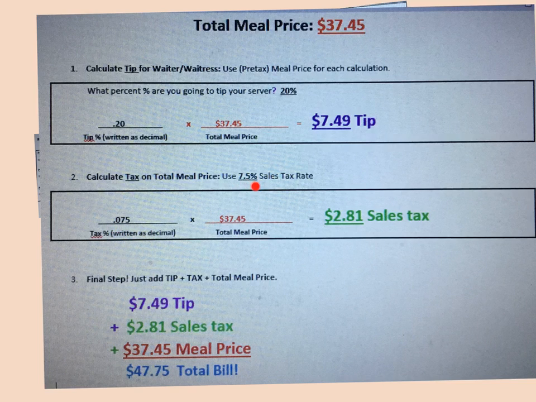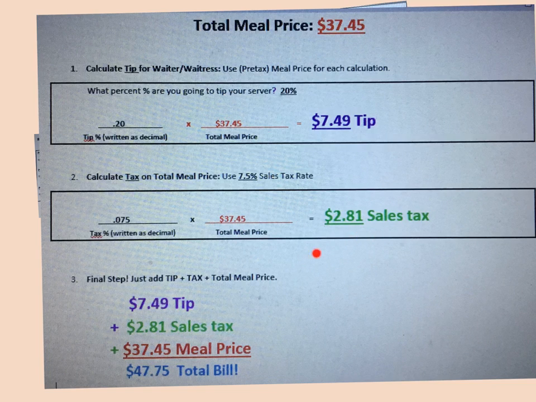So 7.5% converted to a decimal: take the percent sign off, move it 2 spaces to the left, and I get 0.075 or 75 thousandths. So a percent times my meal price. 7.5% of this amount is $2.81, and that's my sales tax.